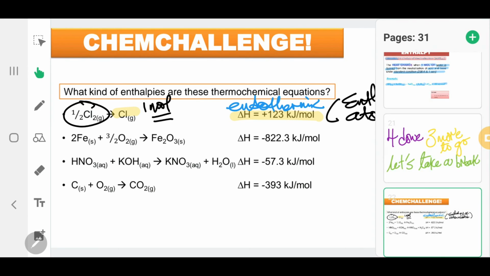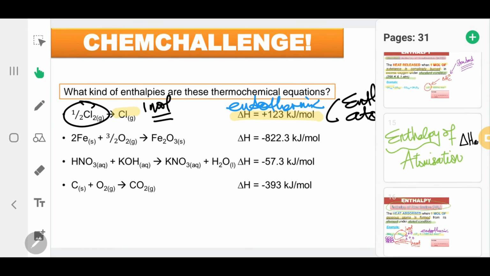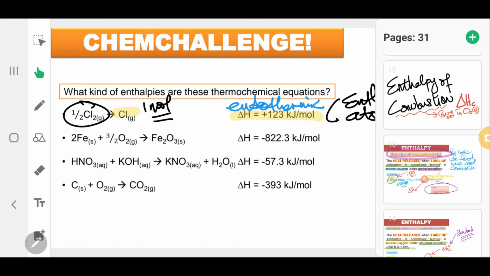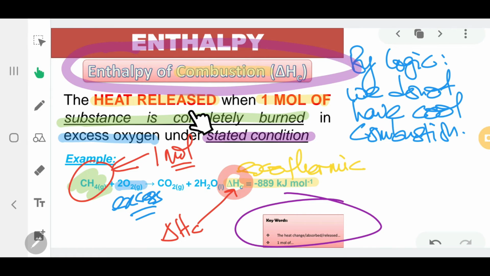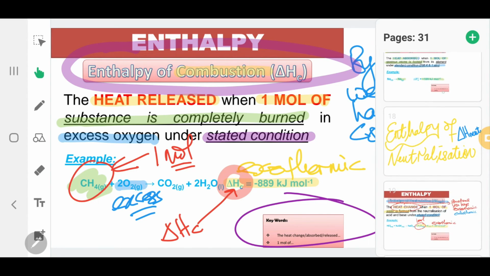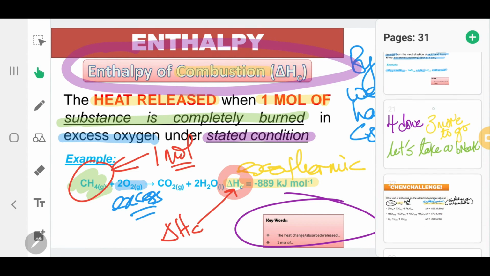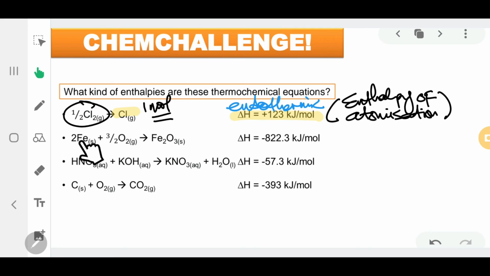If we go back to combustion very quickly, it is the heat released when 1 mole of substance is completely burned. You need to have the thing that you burn in oxygen to be at 1 mole. But what you have there, you do not have 1 mole of iron being burned in excess oxygen to make these.